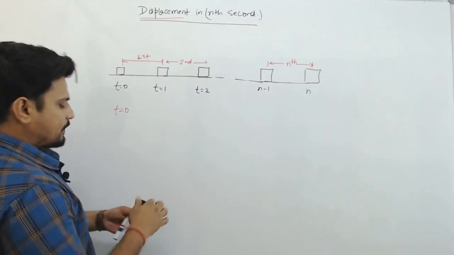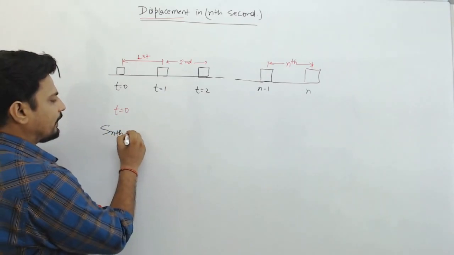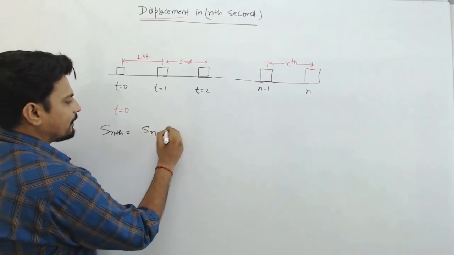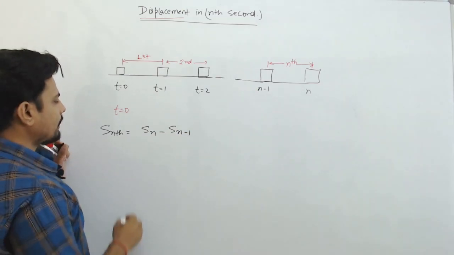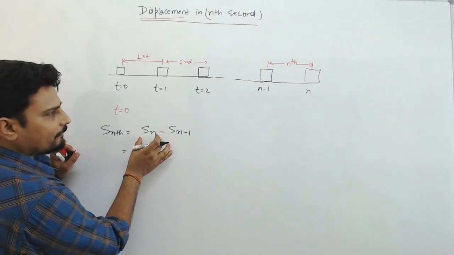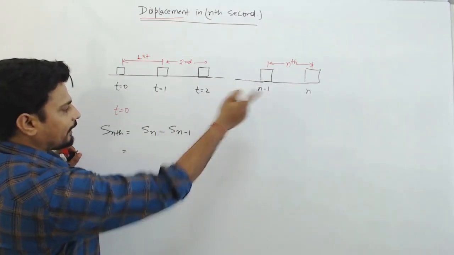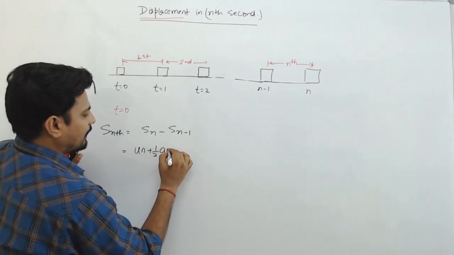So displacement in nth second should be displacement in n seconds minus the displacement in n minus 1 seconds. है ना जी? तो चलो ठीक है, लिख लेते हैं फटाफट. This should be how much? ut plus half at square. So t will be n. So here we have un plus half an square.